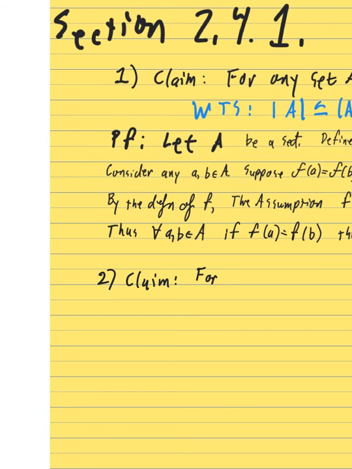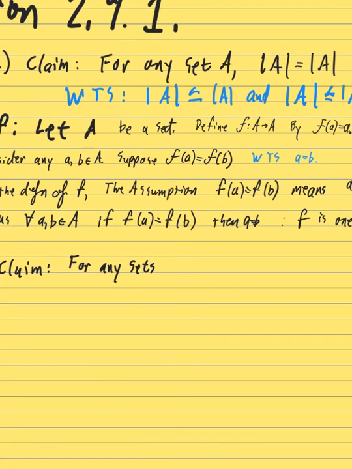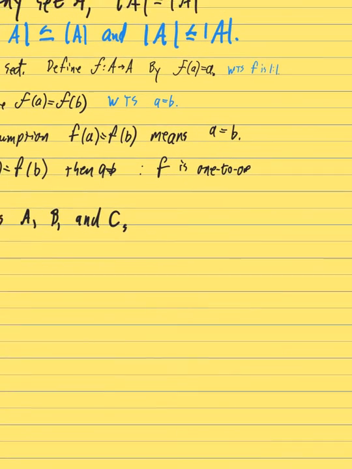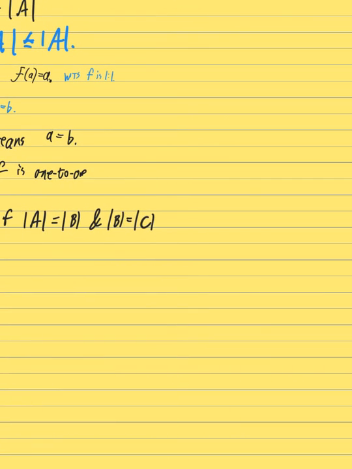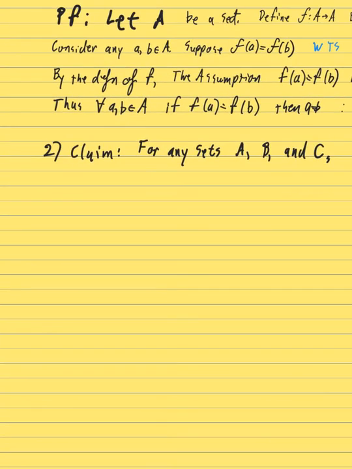For any sets A, B, and C, if the size of A equals the size of B, and the size of B equals the size of C, then the size of A equals the size of C. And this is another one that will be really straightforward.